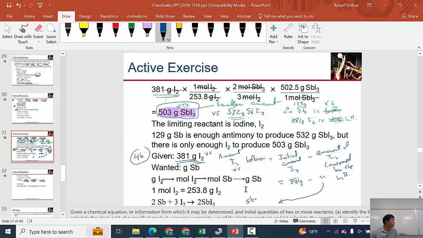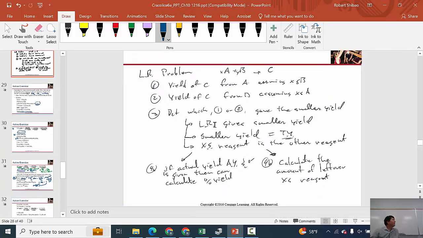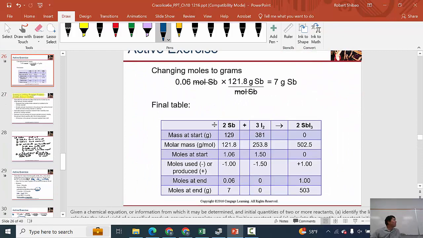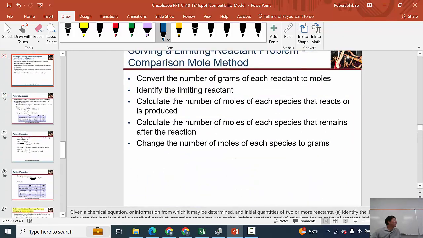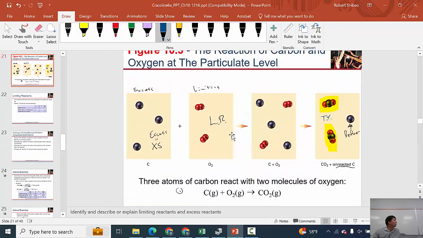We have to do one more stoichiometry calculation. So in other words, if we want to figure out how many frames are left over, let's say, in building our bicycles up here, we take the initial amount, 3 frames, minus the amount that was consumed by the limiting reagent.